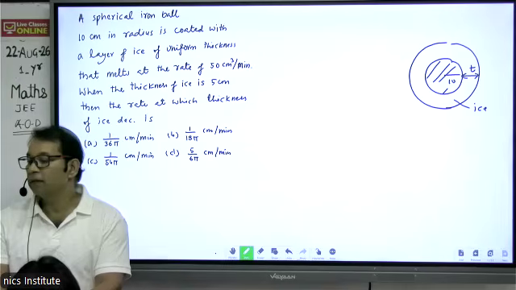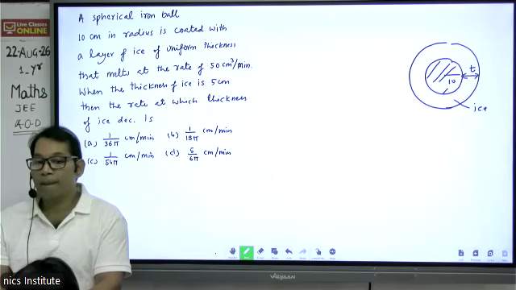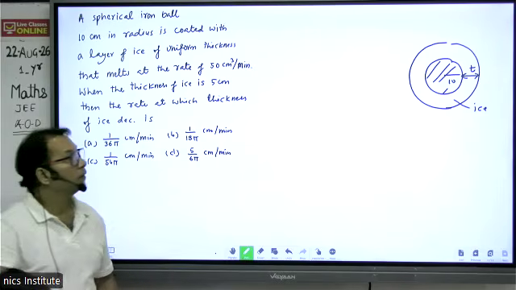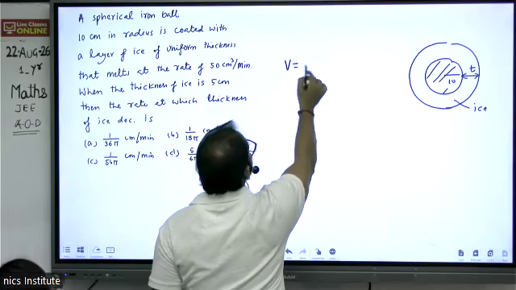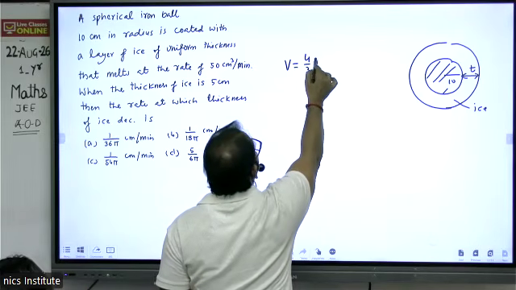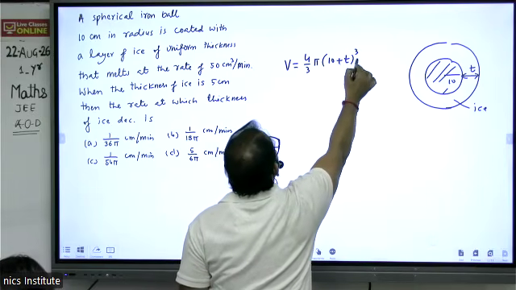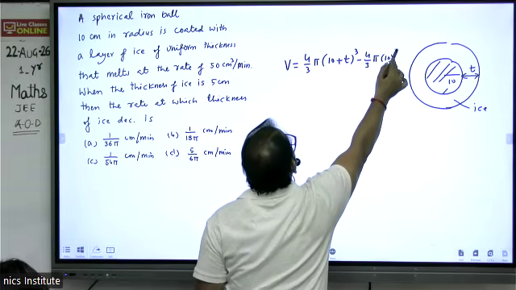That is when you substitute after differentiating, not now. See, what is the volume of ice? Volume of ice would be 4 by 3 pi (10 plus t) whole cube minus 4 by 3 pi 10 cube, right?